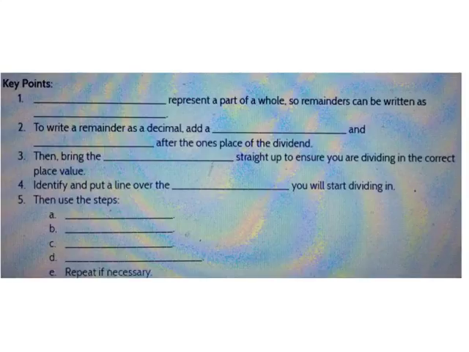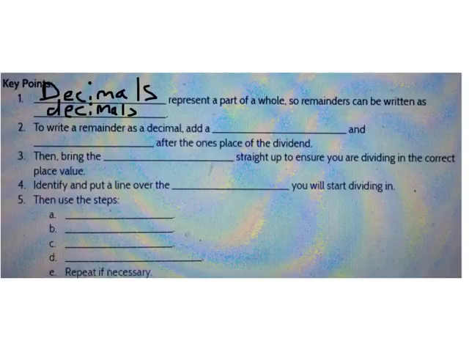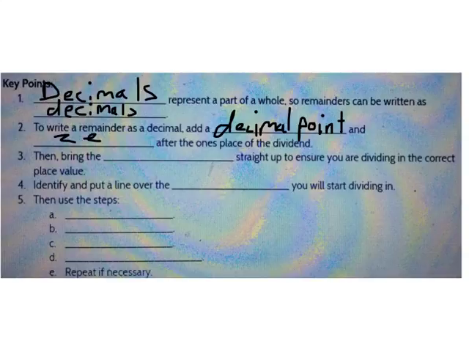Let's look at our key points. Blank represent a part of a whole, so remainders can be written as blank. Decimals go in both of those blanks. Write that on your paper now. To write a remainder as a decimal, add a decimal point and 0 after the ones place of the dividend.